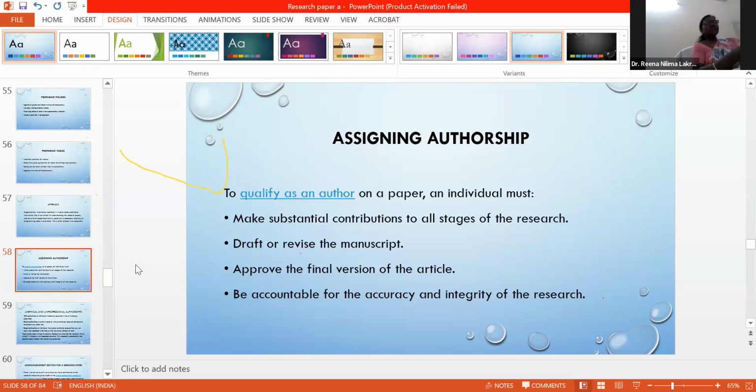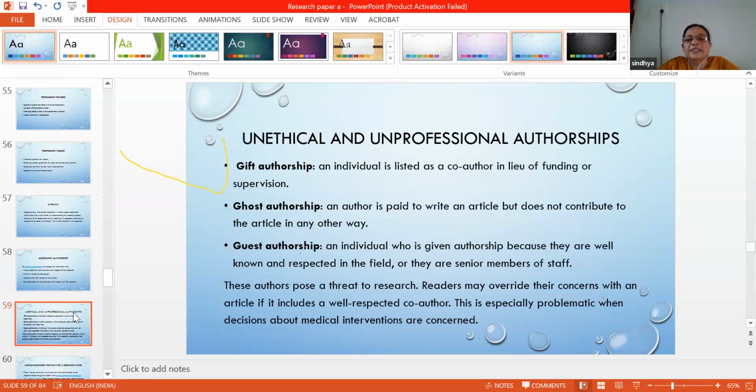And be accountable for the accuracy and integrity of the research. Whoever is said to be an author, that is important. When a person is engaged in different phases of research completely or partially, he can be an author. That is one criterion for becoming an author. And there are some unethical and unprofessional authorship practices.